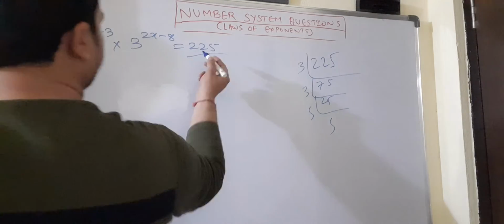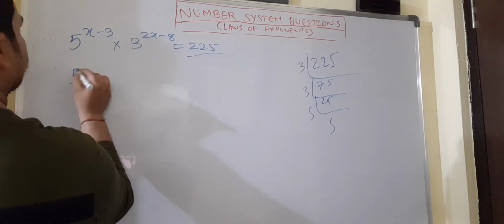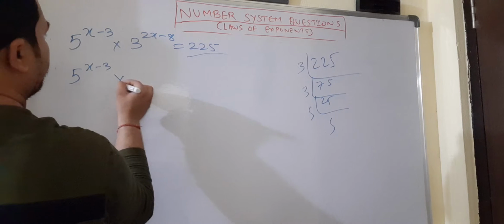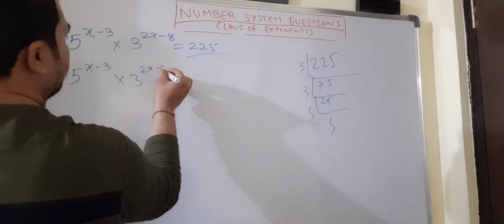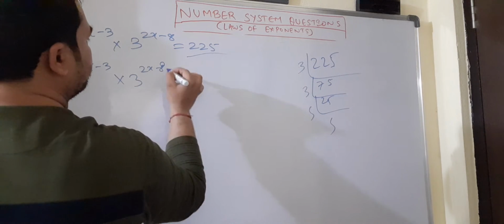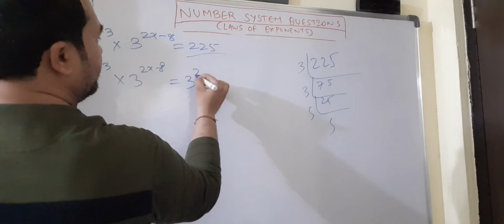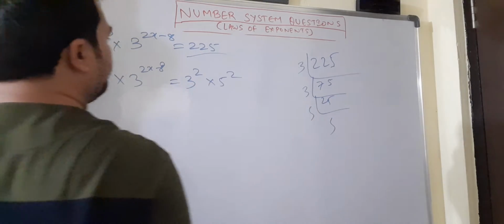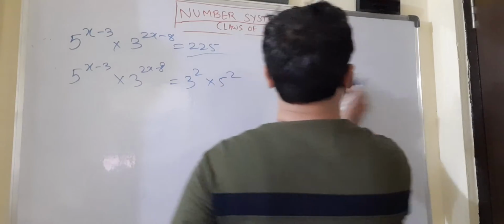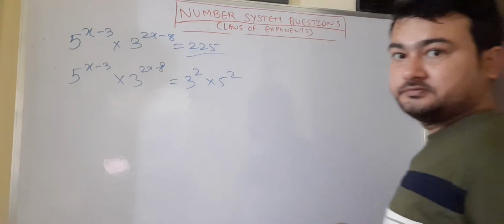So in the next step you can write it as 3 to the power 2 into 5 to the power 2. Isn't it? Yes.